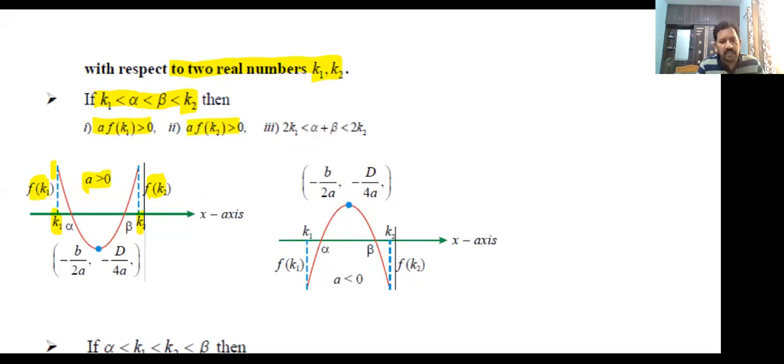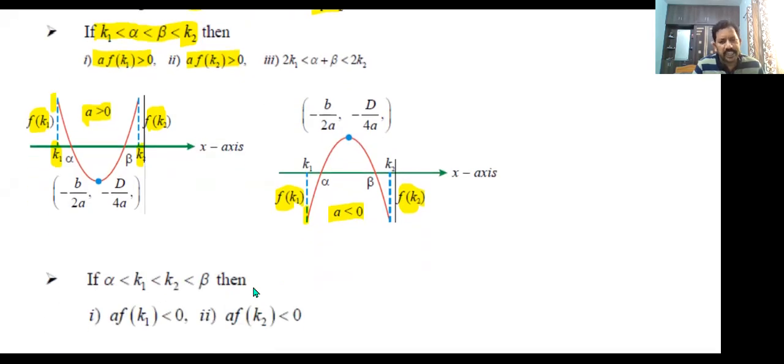What is the second case here? A is negative. Then see f of k1 negative, f of k2 also negative. A, f of k1, f of k2 are negative, so their product is positive. A f of k1 and a f of k2 are both positive. So finally, the roots lie between k1 and k2. In this case, a f of k1 greater than 0, a f of k2 greater than 0.